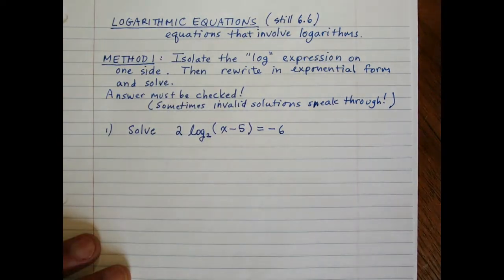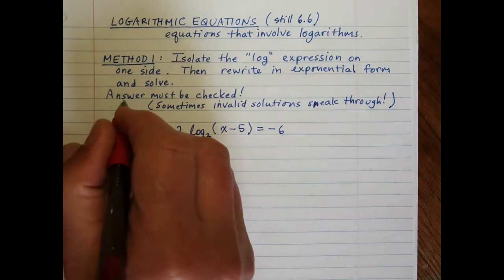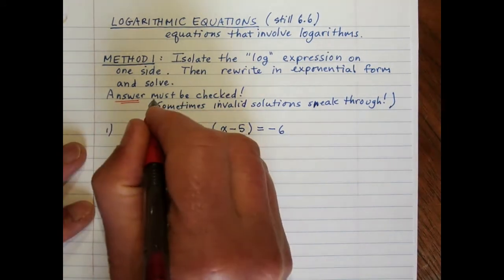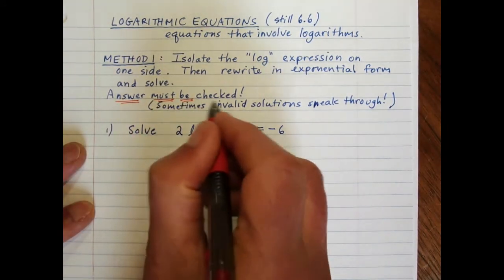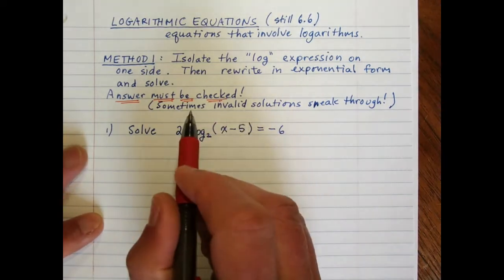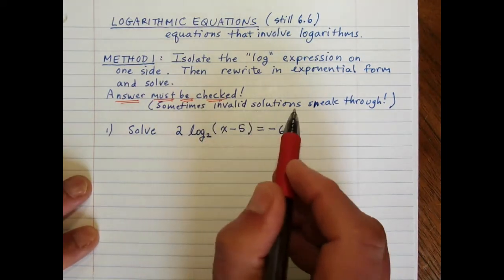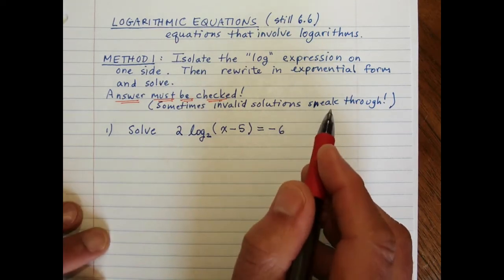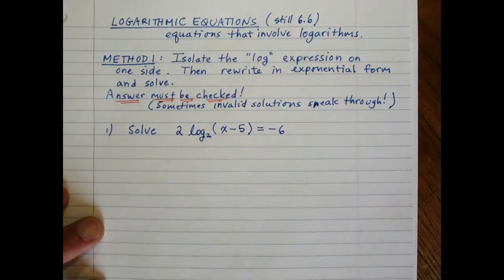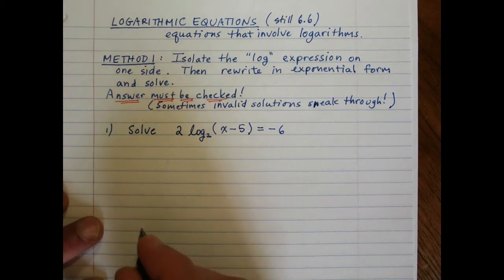One thing that's kind of strange about these log equations, and eventually we'll see why, is that answers must be checked. There's no way to avoid this problem where sometimes invalid solutions sneak through the process, and we'll see that along the way.